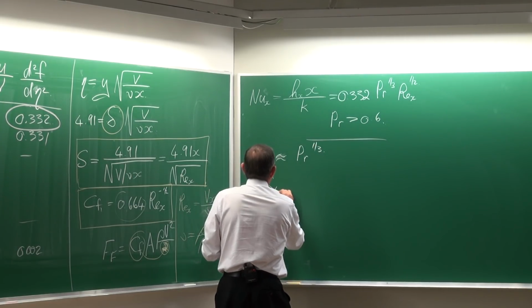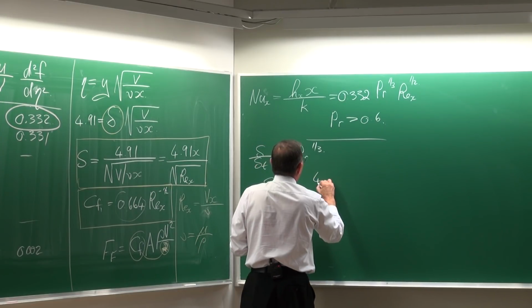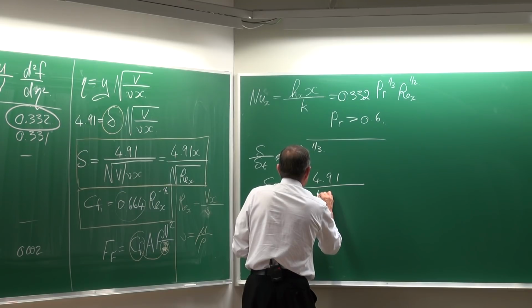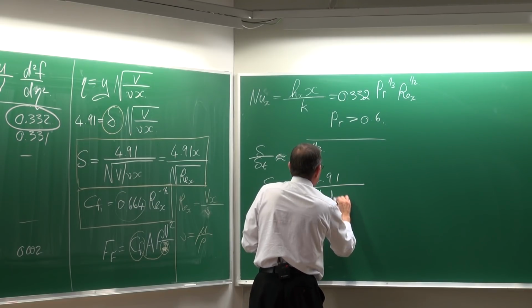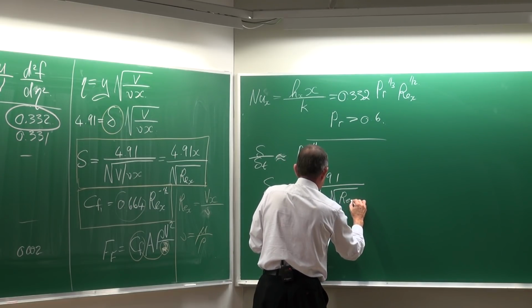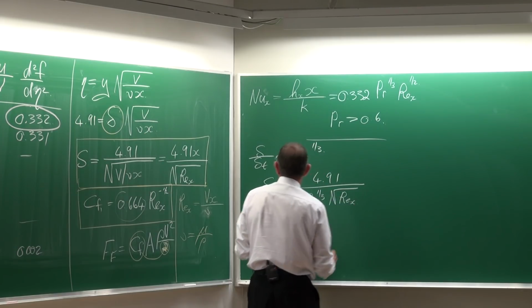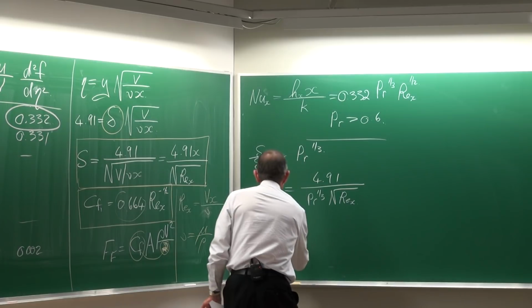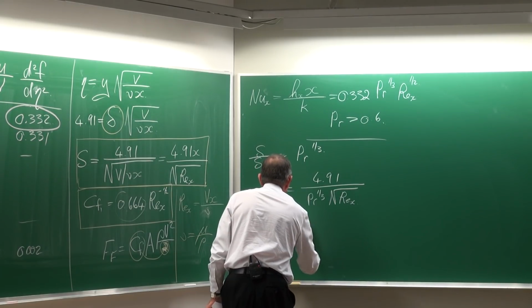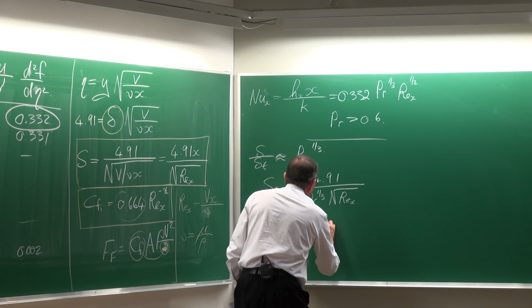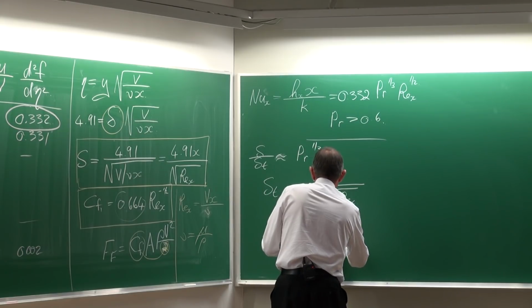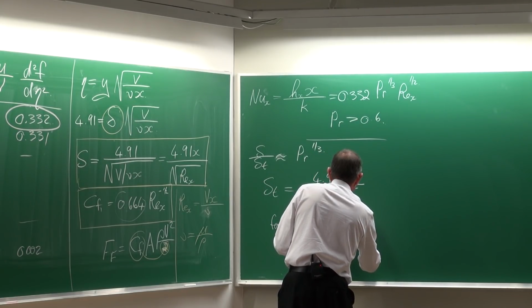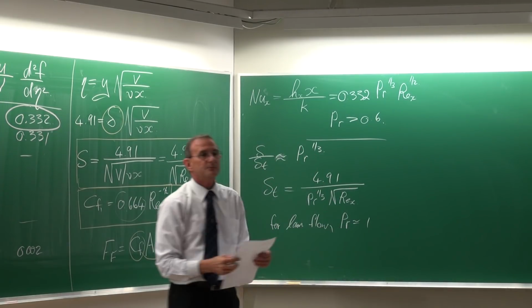Or then the thermal boundary layer can be written as 4.91 x divided by the Prandtl to the third, times the square root of the local Reynolds number at point x. And this is valid for laminar flow and Prandtl approximately equal to 1.